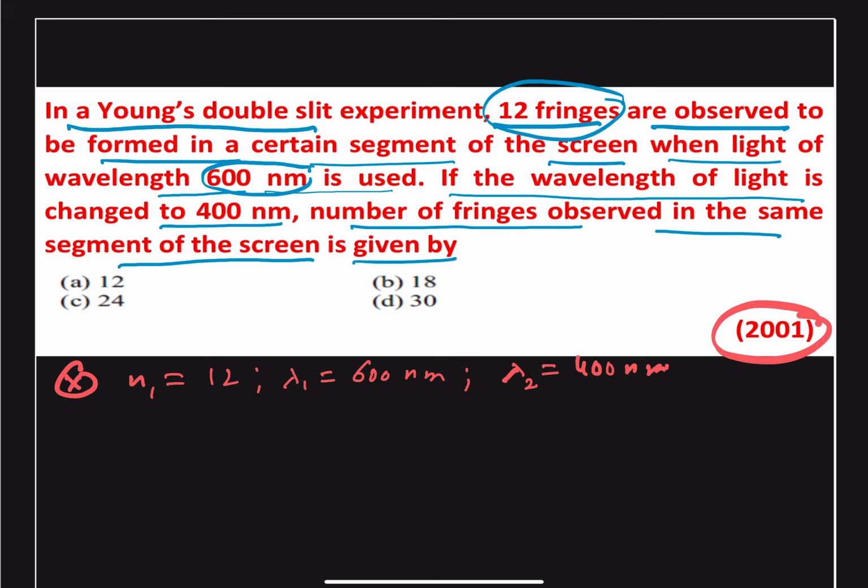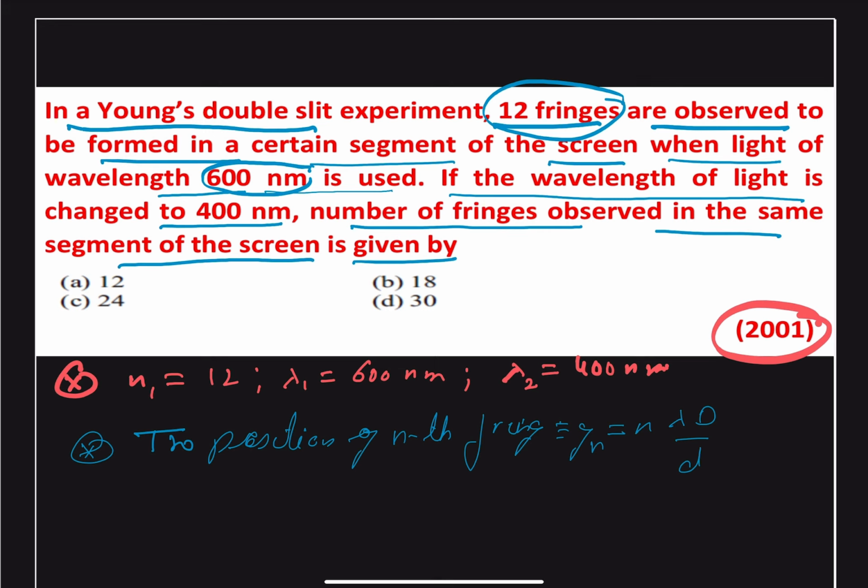We know the formula for the position of the nth fringe: y n is given as n lambda capital D divided by small d.